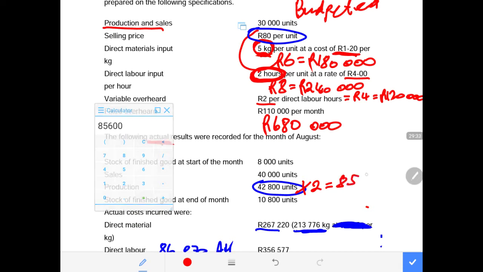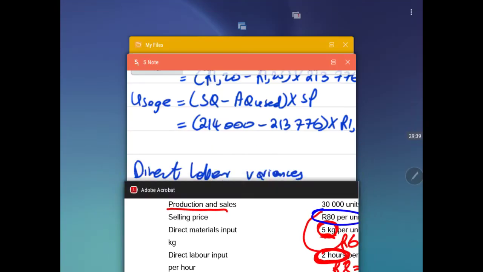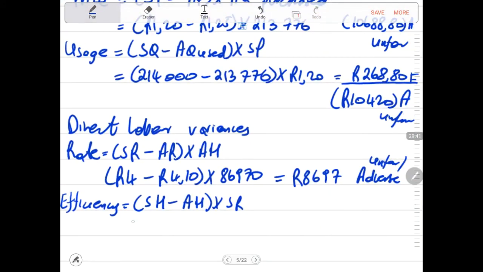It is 85,600 hours. That means the company is supposed to have spent 85,600 hours. This is what you're supposed to have spent, 85,600. But how much have you spent? 86,970 actual hours. If you remember, that is the actual hours. 86,970 times by the rate, and the rate is standard 4 rand.